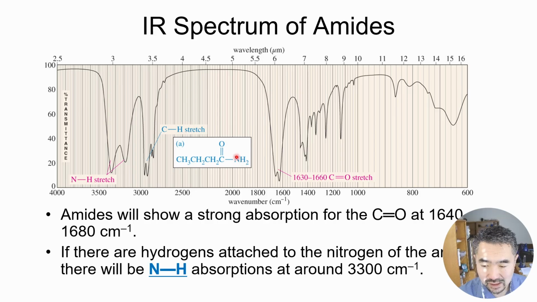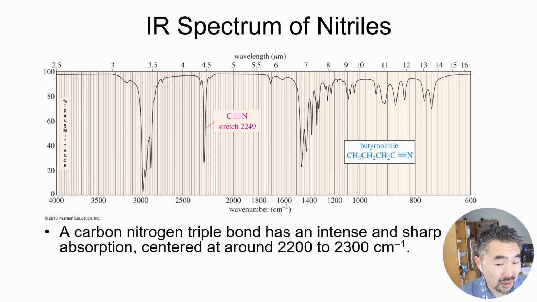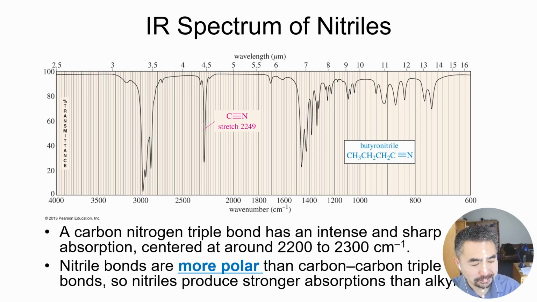Again, there are two NH hydrogens, so you see two of them. Here's a nitrile that we haven't talked about yet, but that's a triple bond, right? So you see the triple bond peak around here. Often the nitrile band is much stronger than alkyne because it's much more polar.